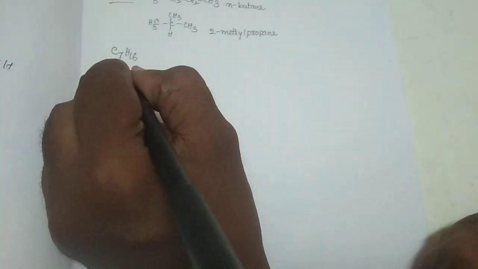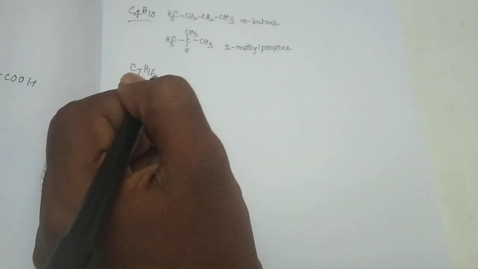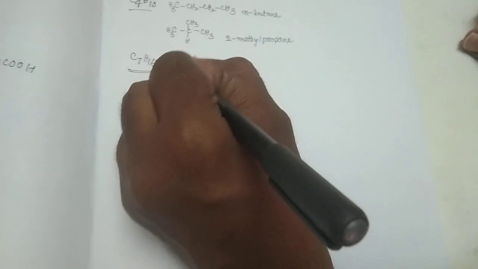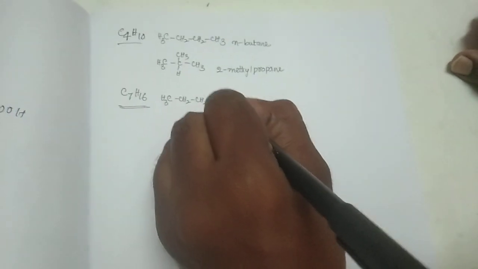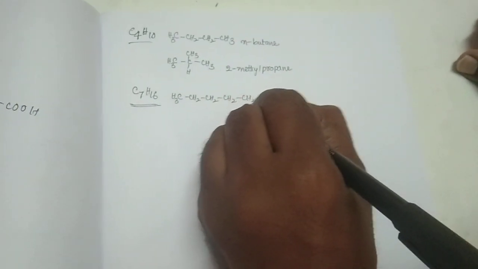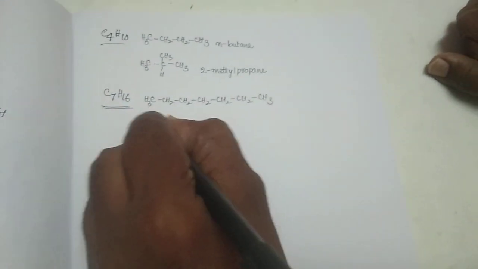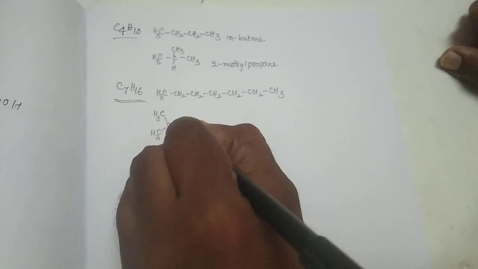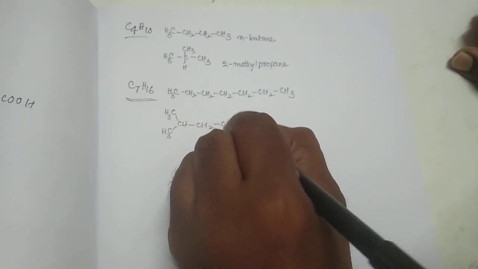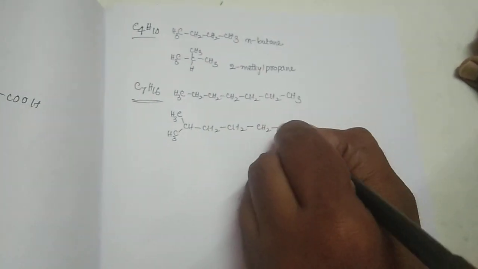Another one, C7H16. Let's see how many types of chain isomers are possible with this molecular formula. C7H16: we can write CH3, CH2, CH2, CH2, CH2, CH2, CH3. Another one is CH3, CH, CH3, CH2, CH2, CH2, CH3.